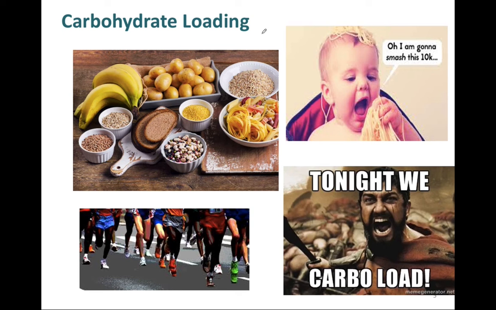If you're a marathon runner, or a baseball player, or perhaps a swimmer, and you have a race or a game coming up, it's important to have as much energy on standby as possible. And carbohydrate loading makes this possible. By building up our glycogen stores, we can have more glycogen available to liberate glucose and break it down for ATP for the upcoming event that we are carb loading for.